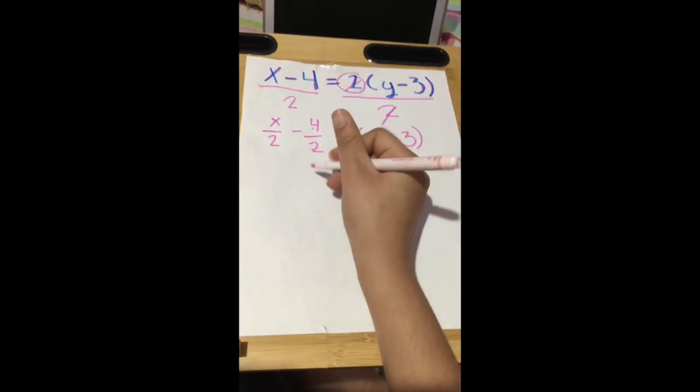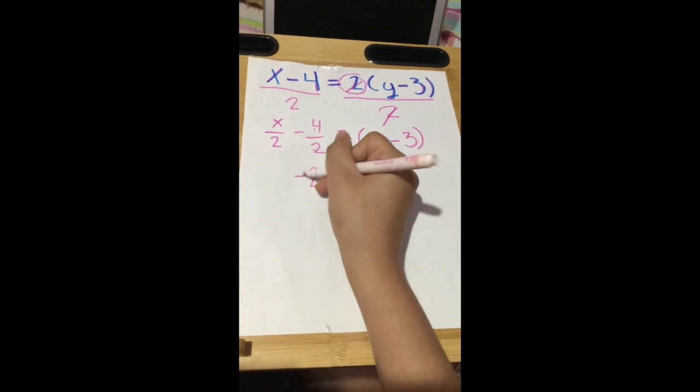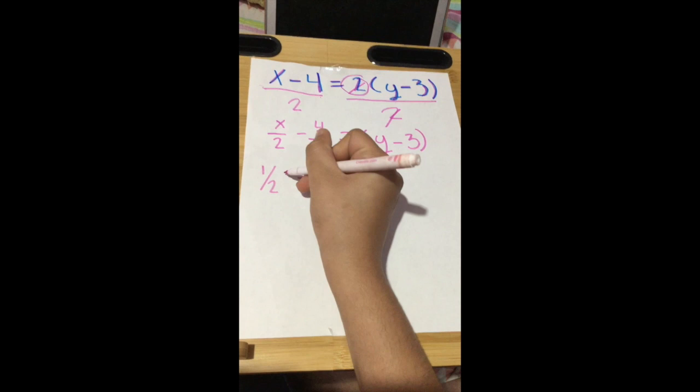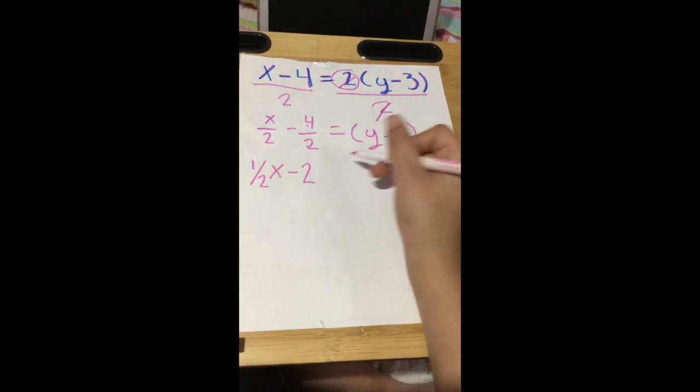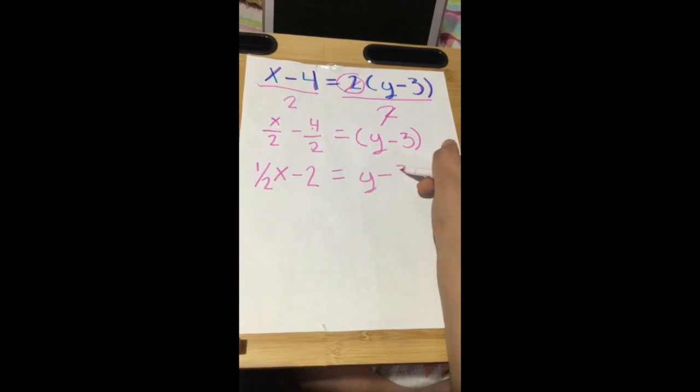After that, we have to simplify, and we're going to get minus 2 and 1 middle x minus 2 equals y minus 3.